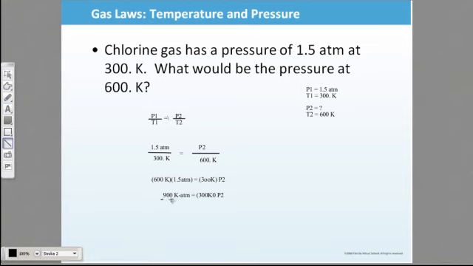And we're going to divide both sides by the 300. And that will get us our final answer, which is, of course, going to be 3 atmospheres for P2.